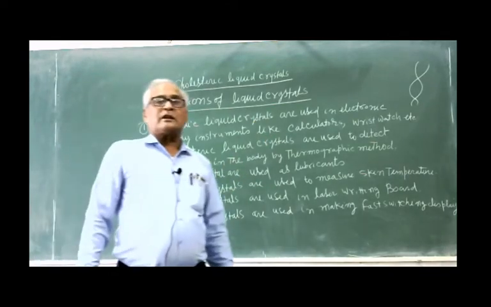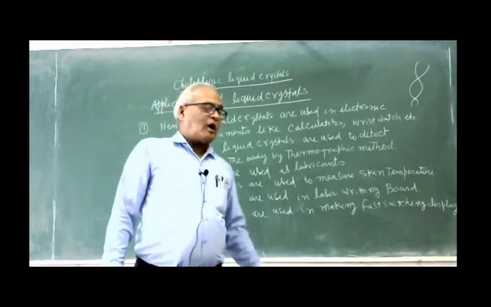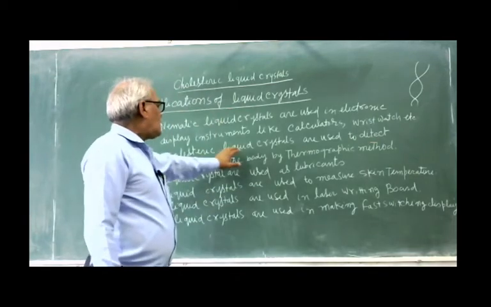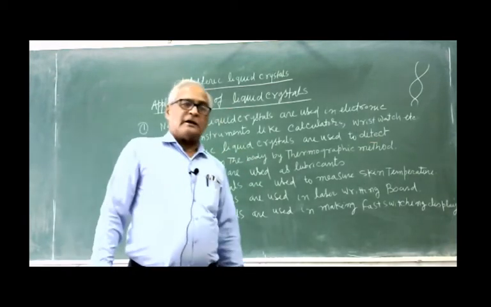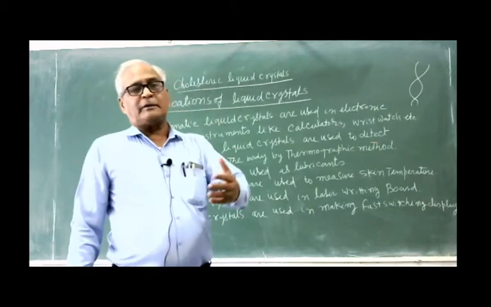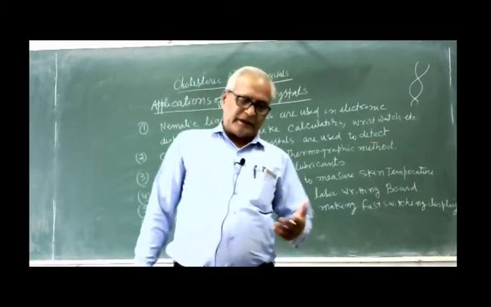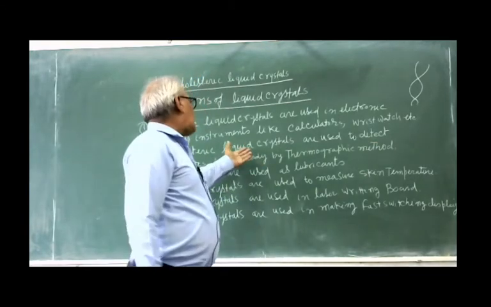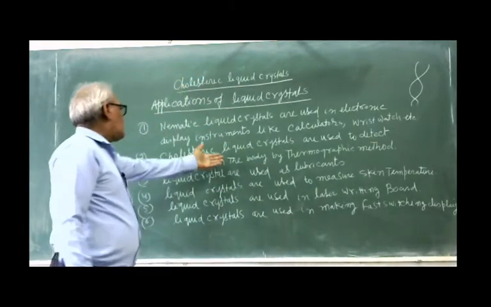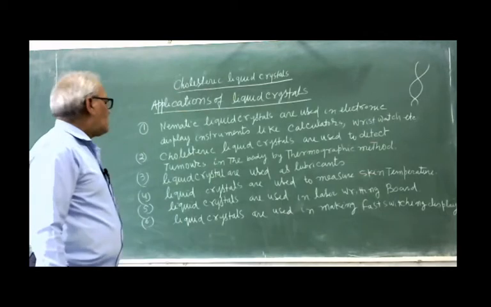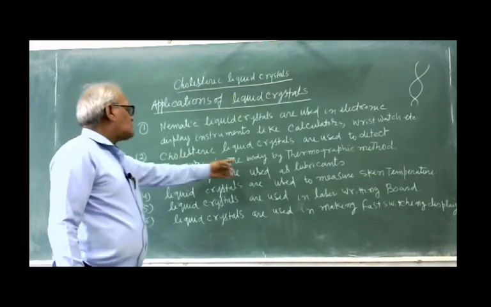Why cholesteric liquid crystals? Because cholesteric liquid crystals have a strong color effect depending upon the temperature. So here we can use cholesteric liquid crystal to detect tumors in the body.